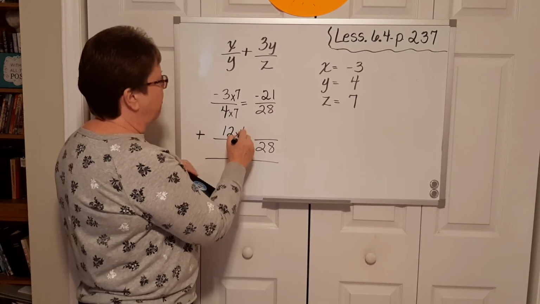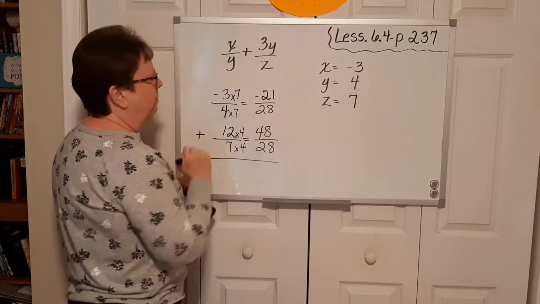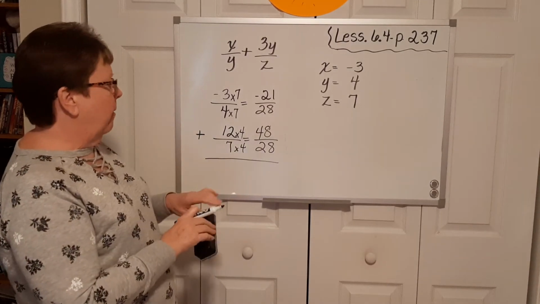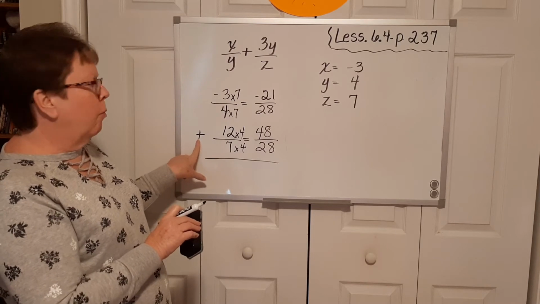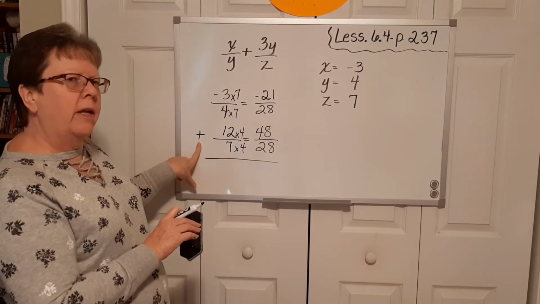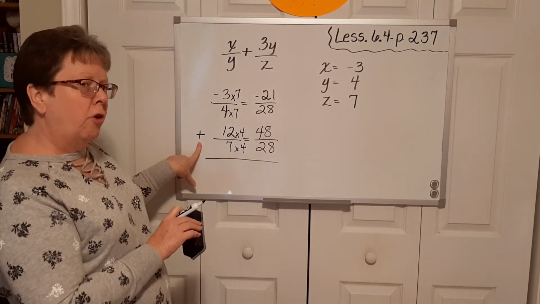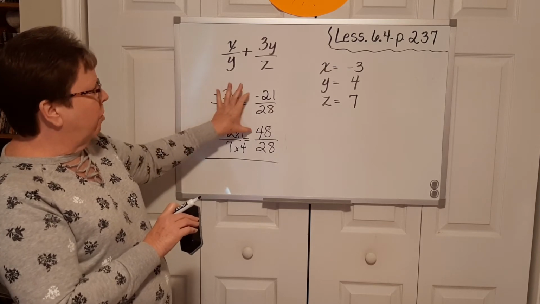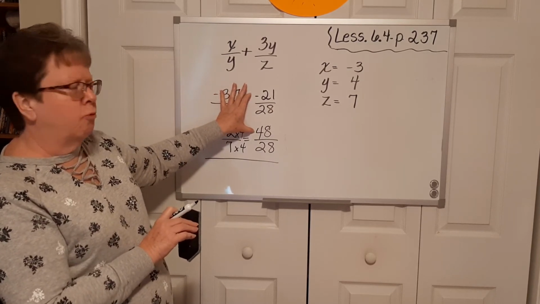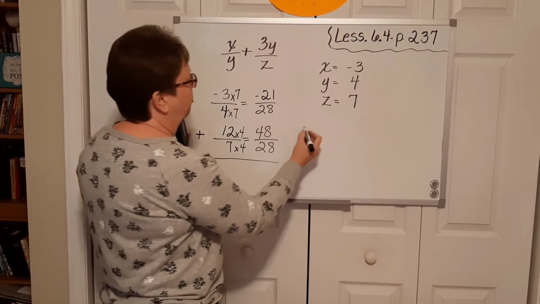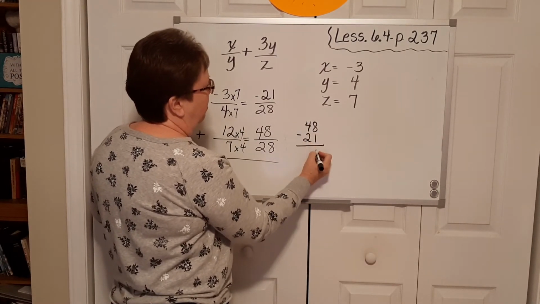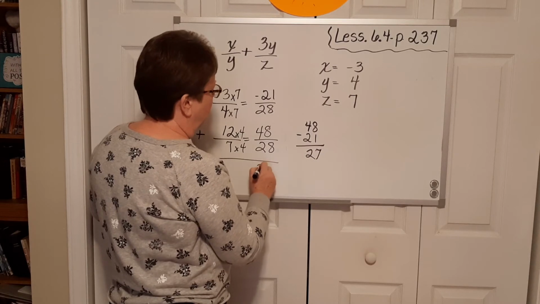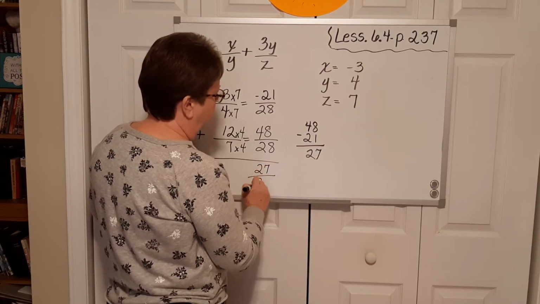So 12 times 4 is 48. Now let's remember that we're adding here. But when we're adding a positive and a negative integer, we've got to subtract those 2 numbers. So we've got to subtract our numerators here. So we have a 48 minus a 21, which gives us a 27, and then over our 28.